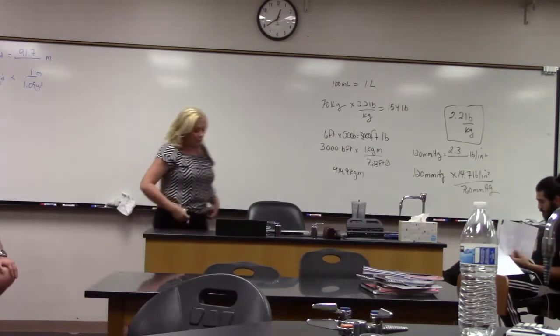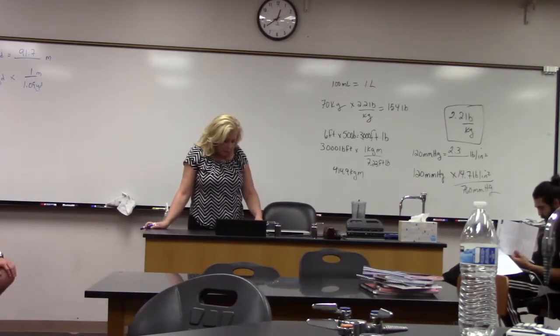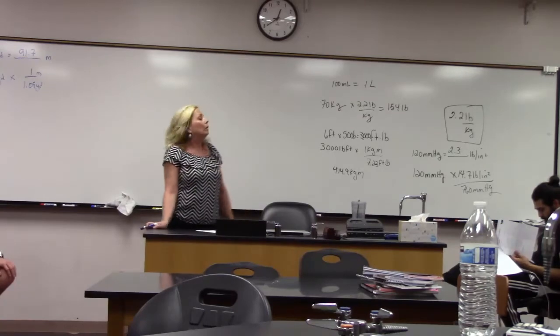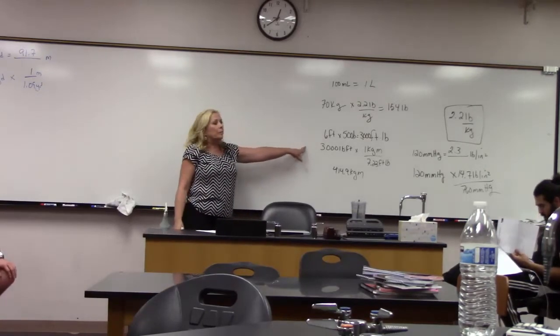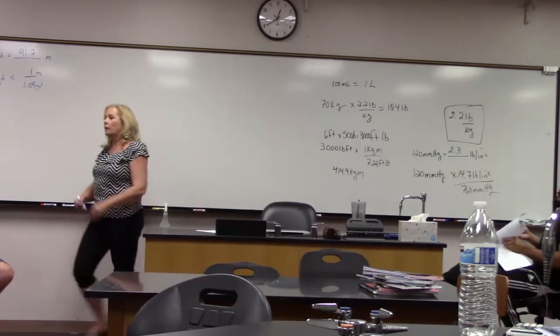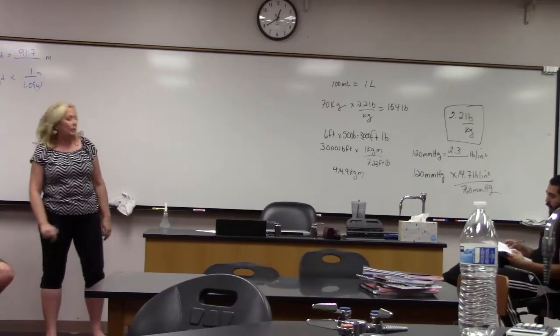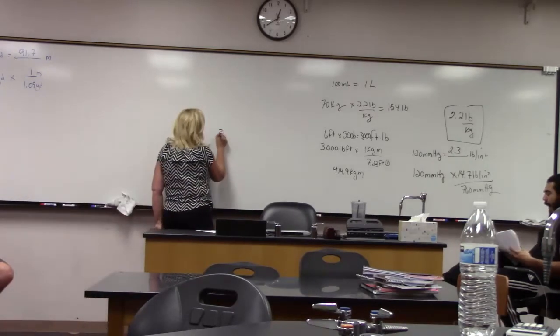Okay, so now the next question is, how many calories of energy did he use to produce this work? You can either use the 3,000 foot-pounds or the 414 kilogram meters to figure out calories. What do you prefer to use? 3,000 foot-pounds, okay, probably easiest.